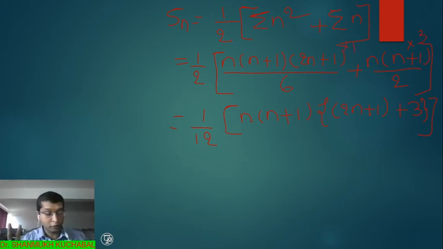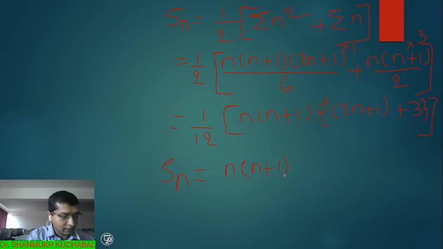Directly I have made the simplification in two steps. Then Sn equals, simplifying, n into n plus 1 into n plus 2 whole divided by 6. This is our Sn.